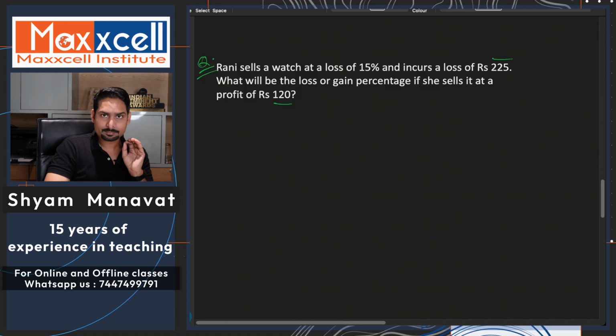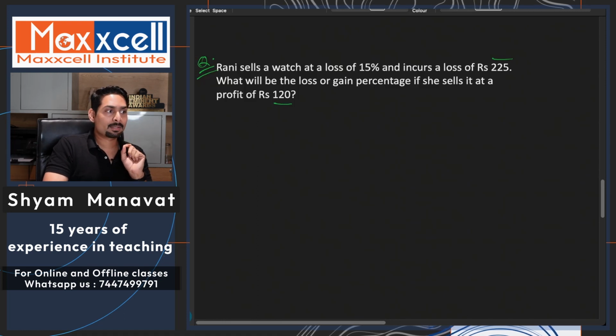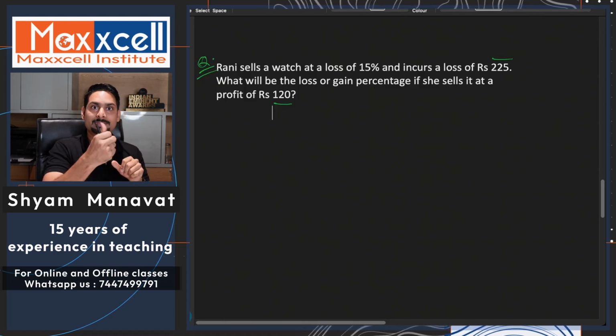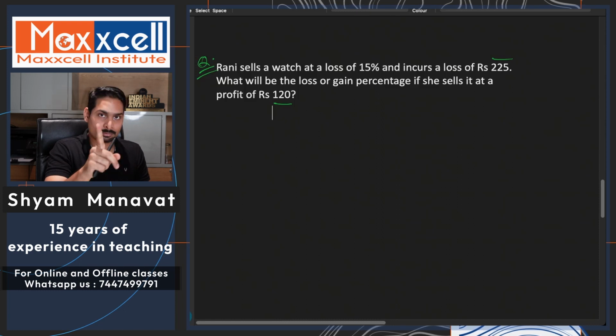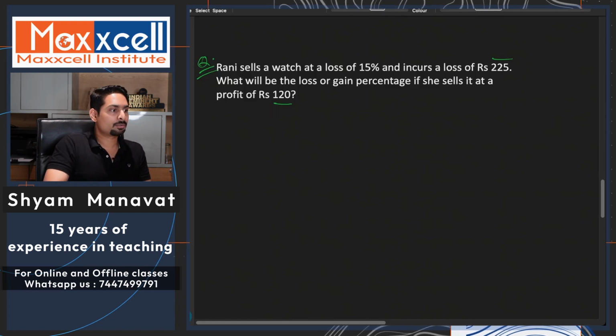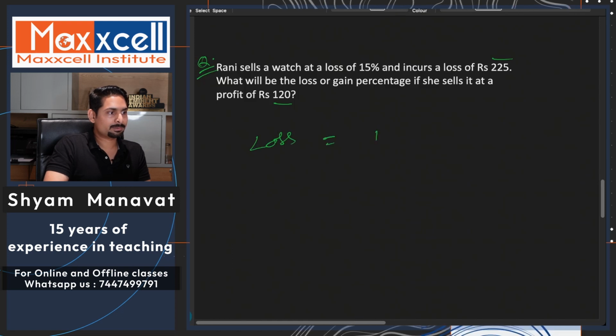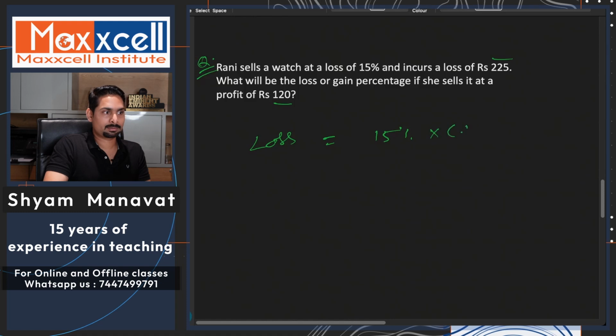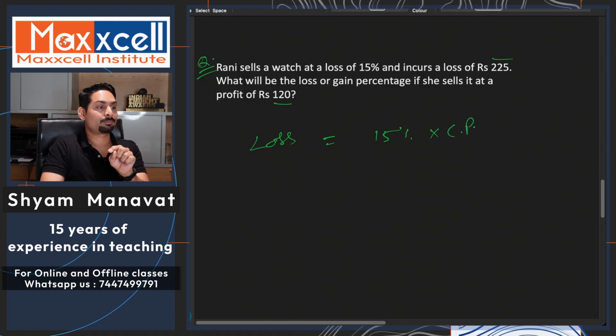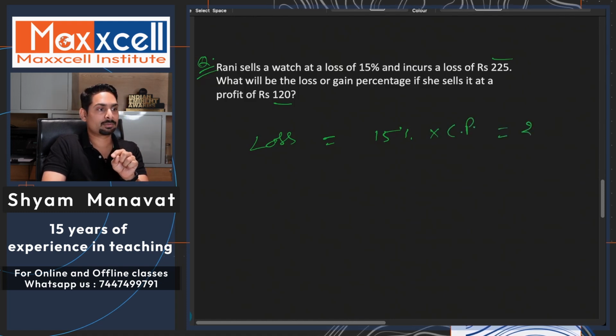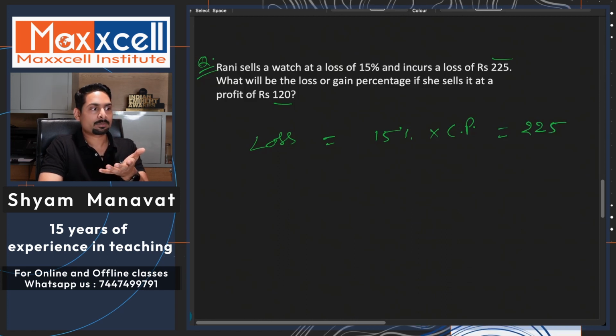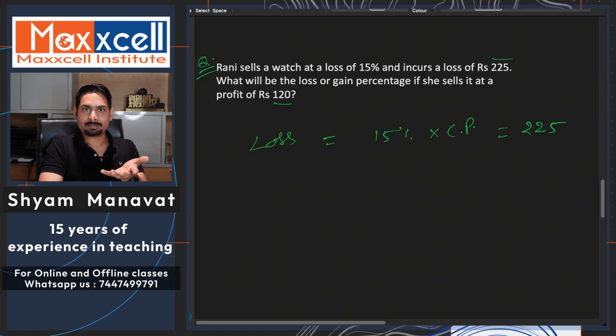So understand this. 15% loss. Now loss is calculated on cost price, right? So loss, which is equal to 15% of cost price, that is in terms of rupees, is nothing but 225. So can we say 15% of cost price is 225?